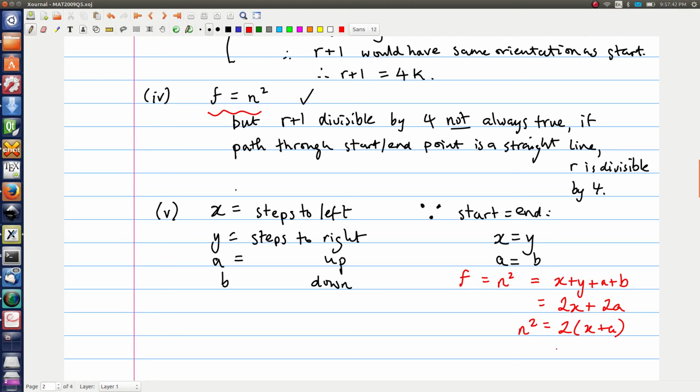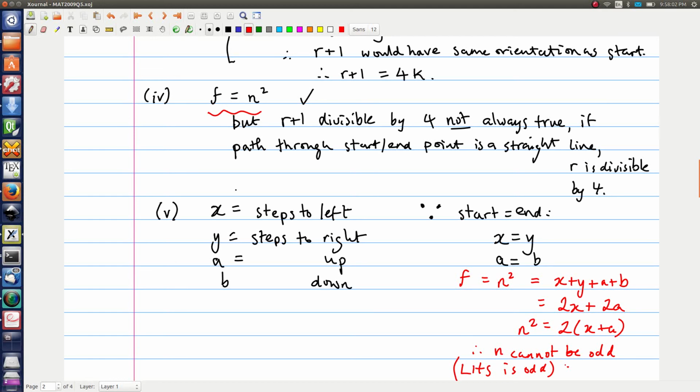So if we assume that n is odd, we see there is a contradiction. Because if n is odd, such as the number 3, you get 3 times 3, you get an odd number, and the right-hand side is even.